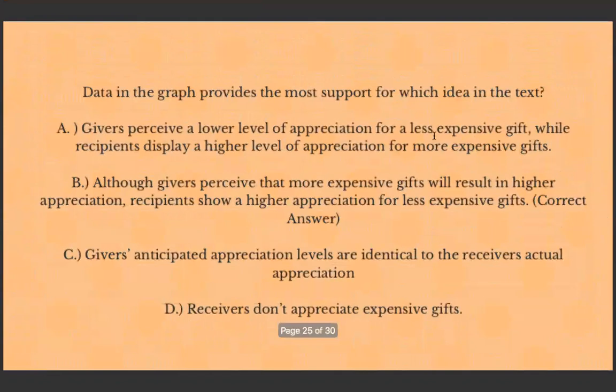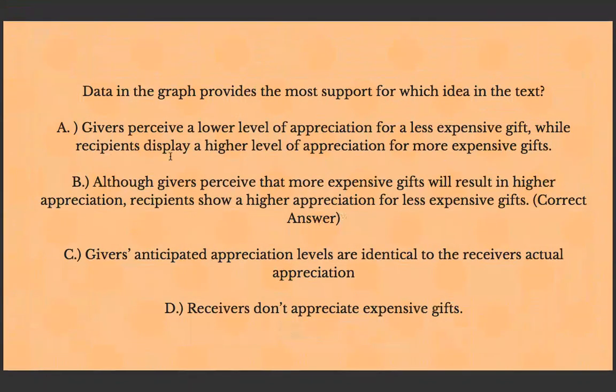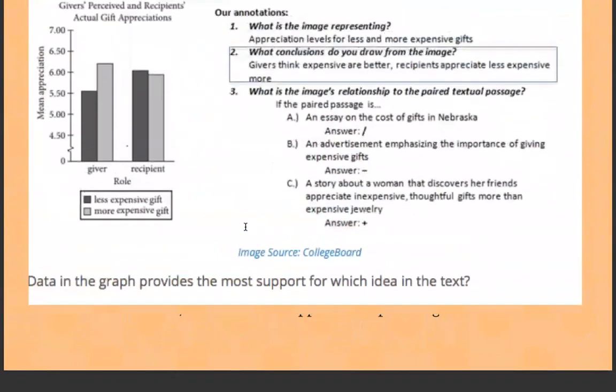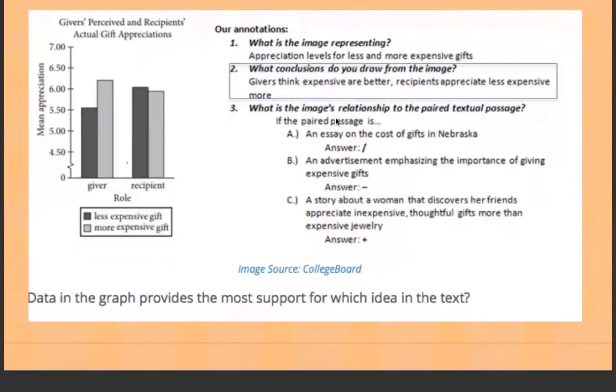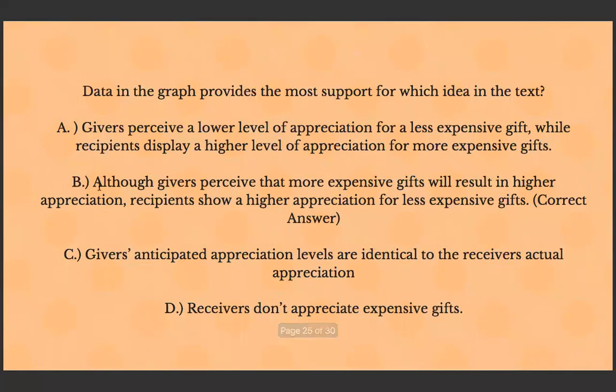So the only possible answer is B right here, because you've already drawn it out. Givers think expensive is better, while recipients appreciate the less expensive gifts. And what does B say? Givers perceive more expensive gifts, and recipients show a higher appreciation for less expensive gifts. So if you've done your annotation properly, the answer should be crystal clear for you.